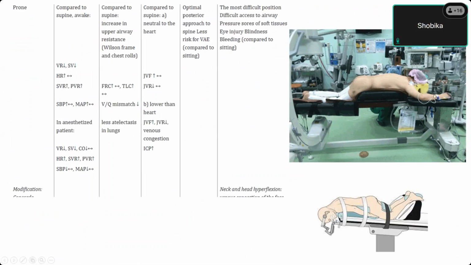Legs are raised up. What about the head? Head is down. So the neck and head is flexed here, hyperflexion. Whereas here it is almost neutral. So what is this position called? If you flex it too much, it's called the conchoid position. This is like a modification.